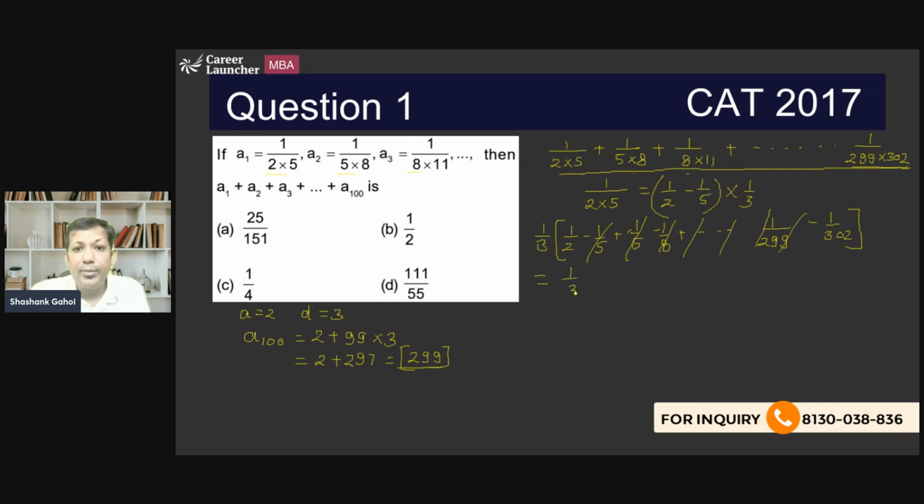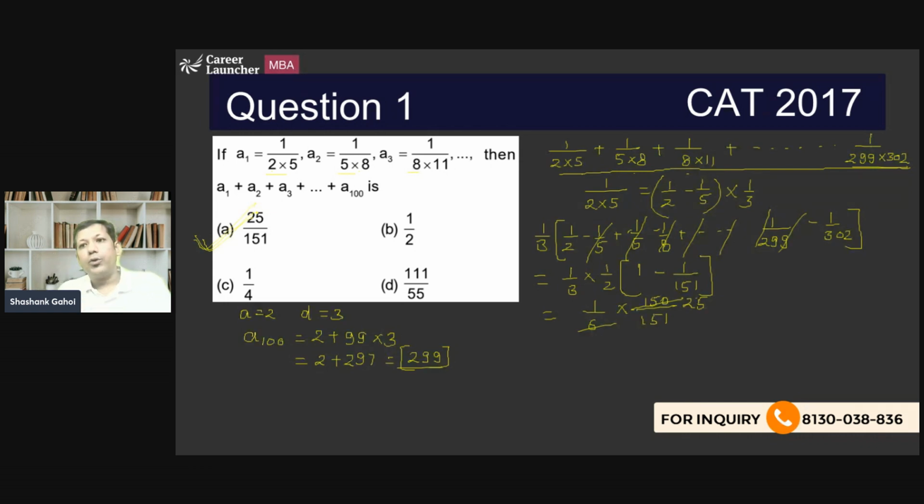Now what is the value? 1 by 3 times, I'm going to take 1 by 2 common, then 1 minus 1 upon 151. Sorry, 1 upon 302 becomes, this comes out to be 1 by 6 into 150 upon 151. So this comes out to be 25 by 151, and that's going to be the answer of this question. This is how we are going to solve it.